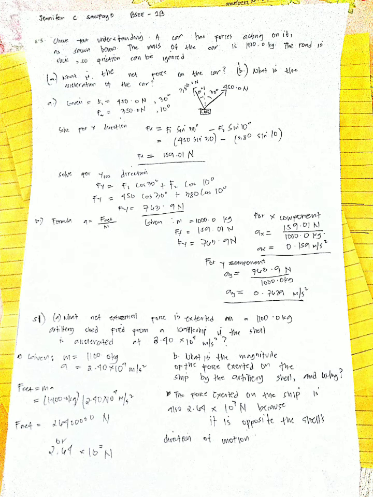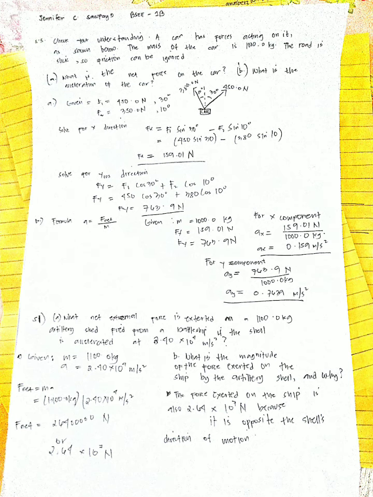So the first step is to find the x component, which is a sub x equal to 159.01 Newton divided by 1,000 kilogram, which is 0.159 meters per second squared. For the y component, a sub y is equal to 763.9 Newton divided by 1,000 kilogram, which is 0.7639 meters per second squared.